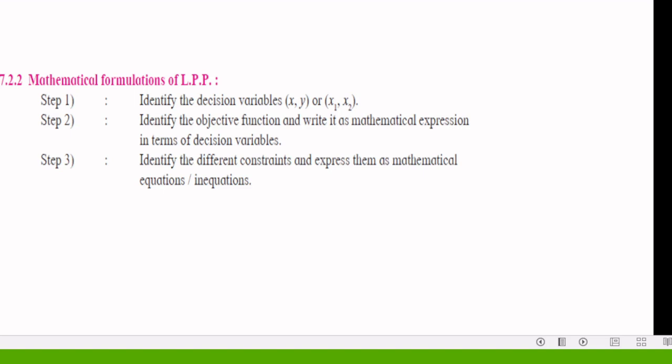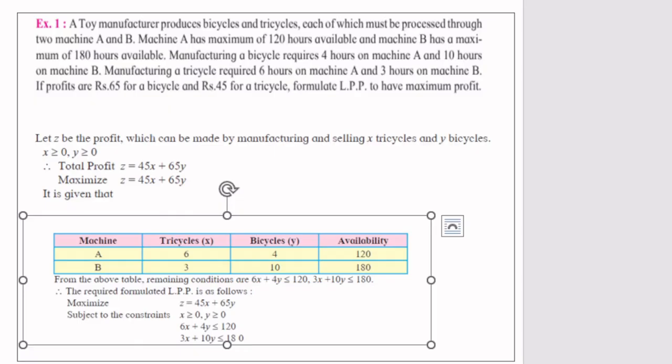We'll move forward and let you know what we're supposed to do with the help of one example. I'll keep this video short because this is just an introductory video on linear programming problems. Sums and everything will be solved in the next video. Let's understand what we're supposed to do. With the help of an example, first you have to frame the equation. How will you frame the equation?